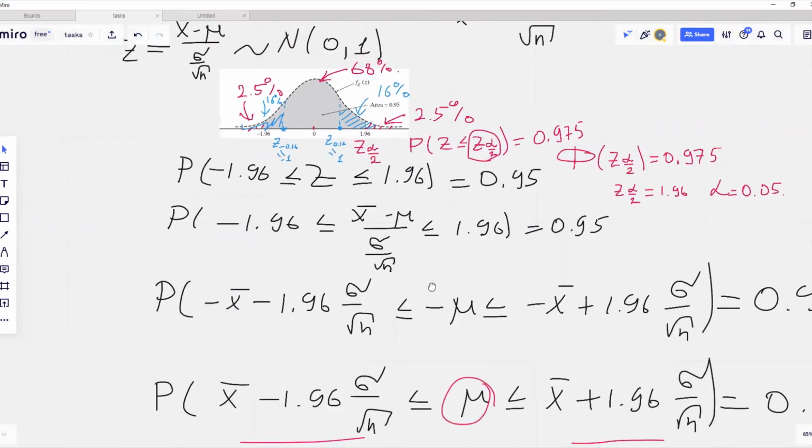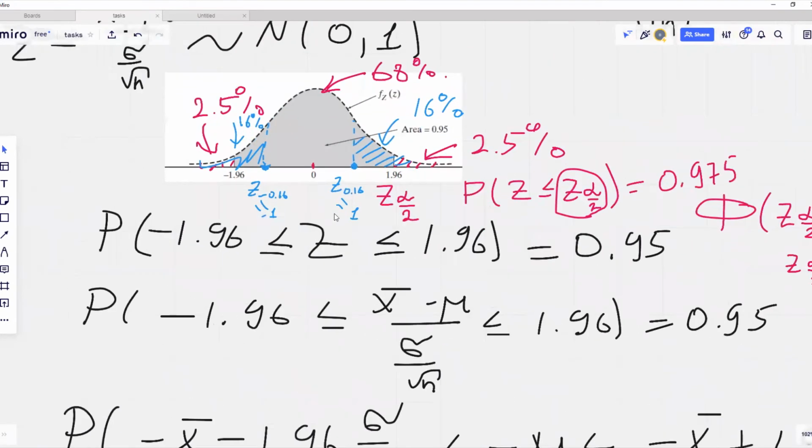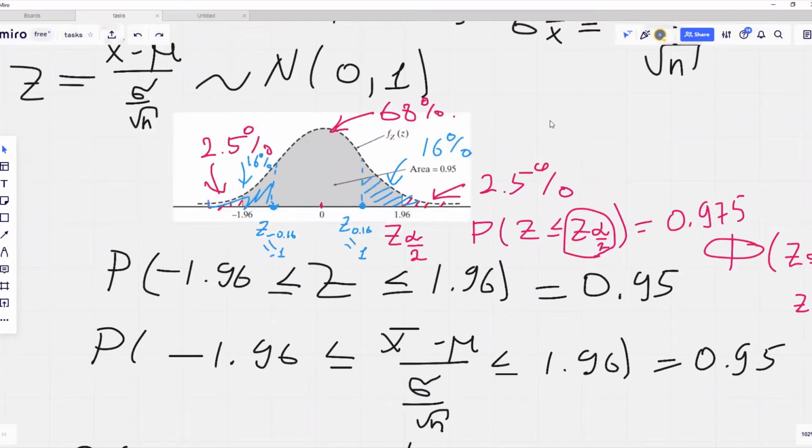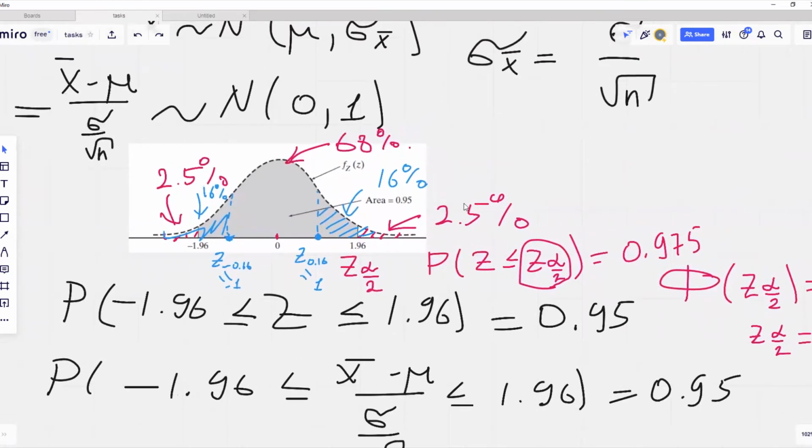And so on. If we would like to build a confidence interval of any arbitrary level, then we would go to our standard normal table or use statistical software.